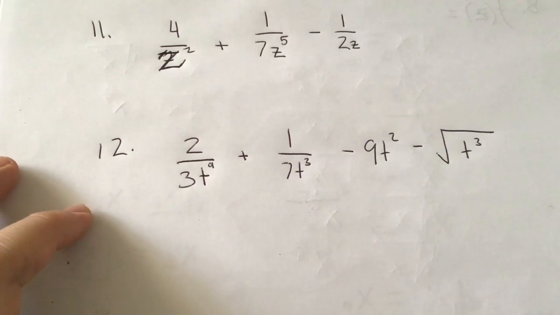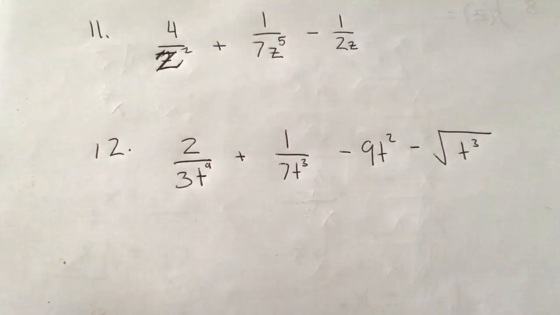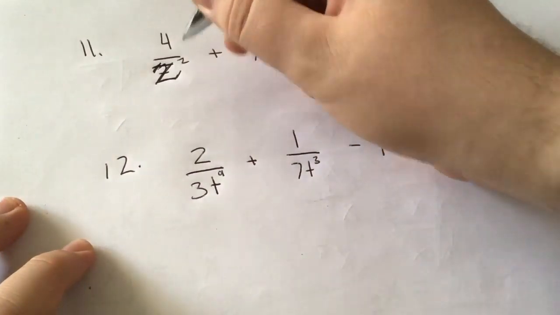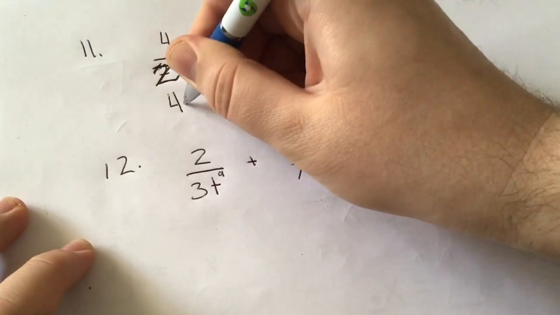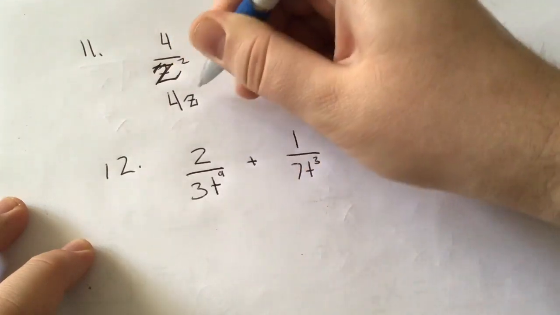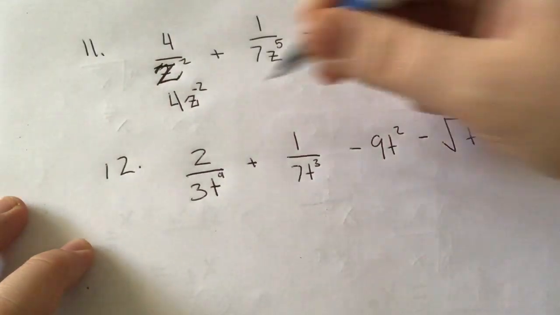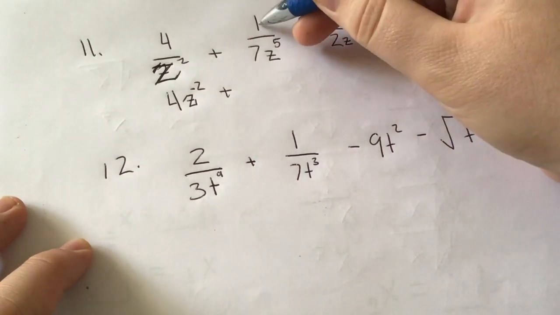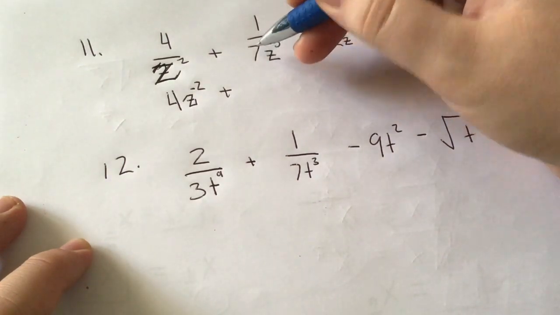So that's what I'm going to do first with these equations, is I want to move everything around so that I have just variables, exponents, no fractions, no square roots, none of that fancy stuff. So I'm going to pick up this z, move it to the top, so it is written as 4z to the negative second. Then I'm going to say plus 1 and 7 stay like they are.